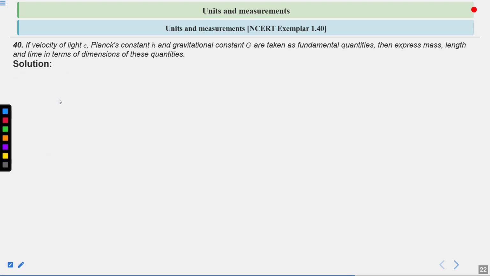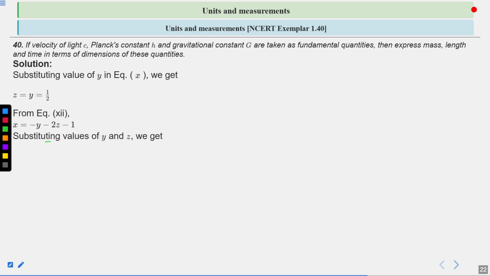So substituting the value of y in equation 10, we get z is equal to y is equal to 1 by 2. From equation 12, x is equal to minus y minus 2z minus 1.